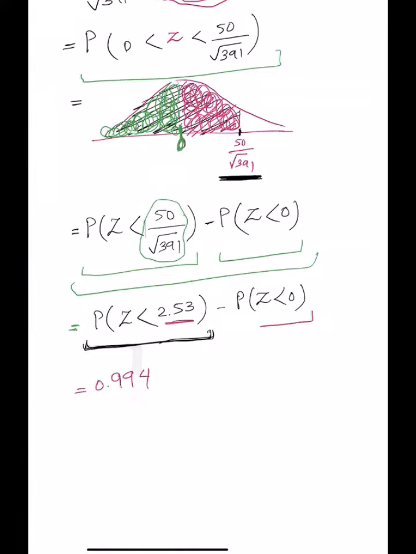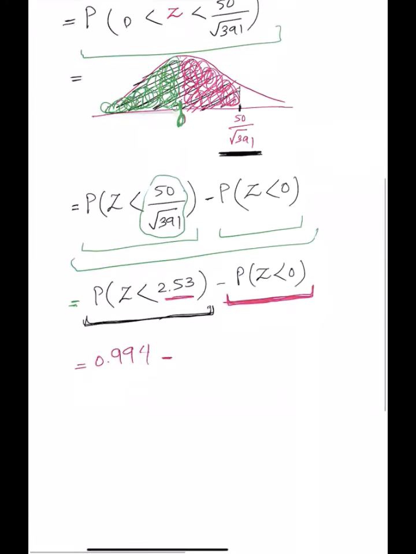Can you tell me what is this probability, without even looking at the table? Did someone answer? So this is Z, average 0, standard deviation of 1.